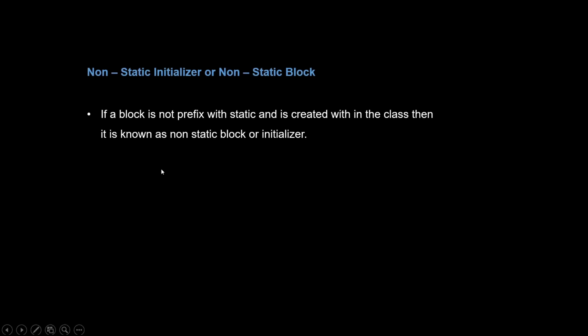Next one is the non-static initializer or non-static block. If a block is not prefixed with static and it is created within the class, then it is known as a non-static block or initializer.